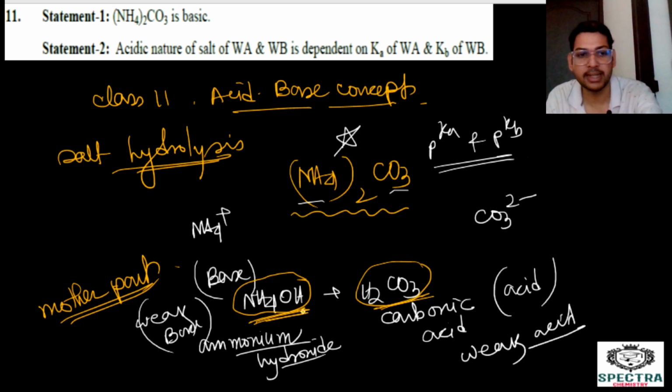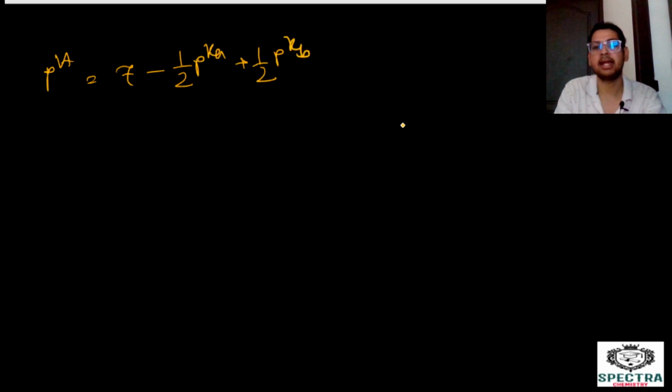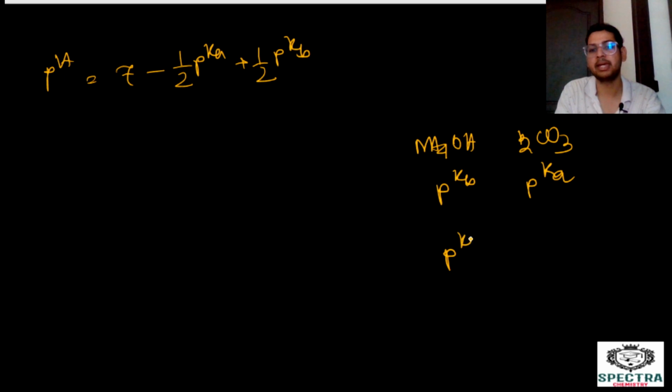Sir, how do you know? Yes, for that we need to know an equation. So the equation is pH equals 7 minus half pKa plus half pKb. From NH4OH I will get the pKb value, and from H2CO3 I will get the pKa value, and here the pKb value is greater than pKa. Are you getting my point?